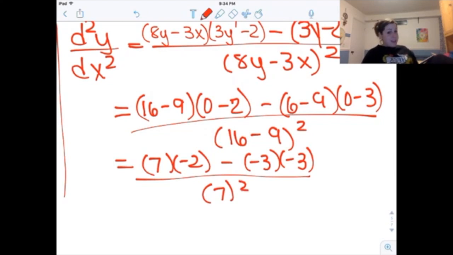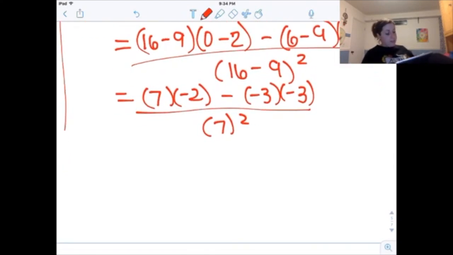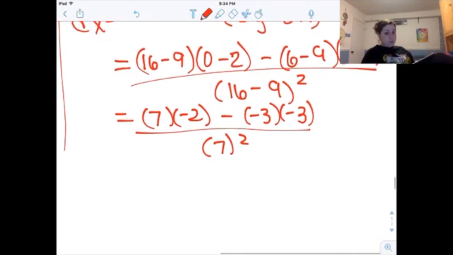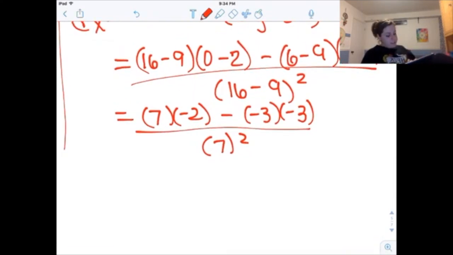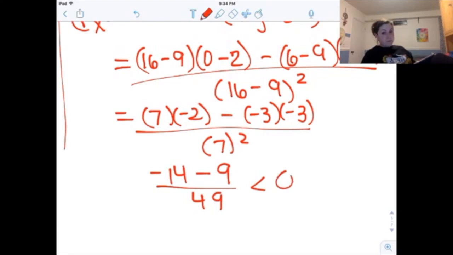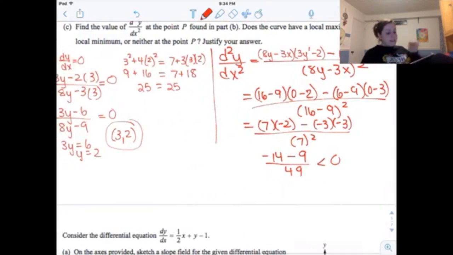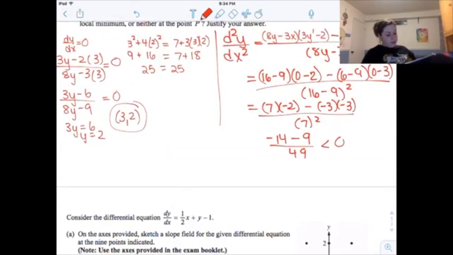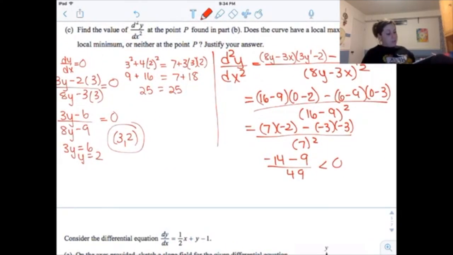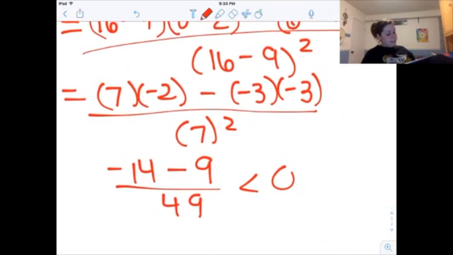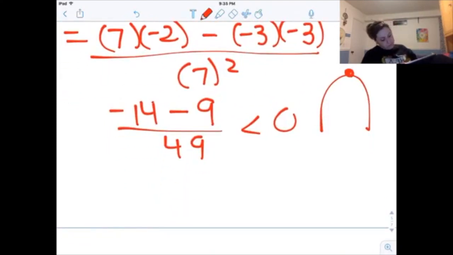I really just care about the sign of this. I care about whether it's positive or negative. You could leave it there on the free response. So this is negative 14 minus positive 9 over 49, and all I know is that that's less than 0. So knowing that my second derivative is less than 0, I could say here, think about it, less than 0 means concave down, relative maximum.